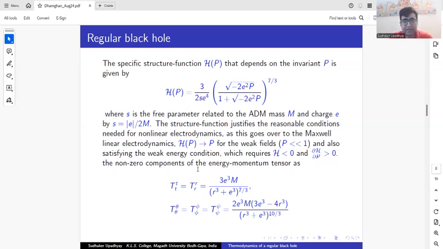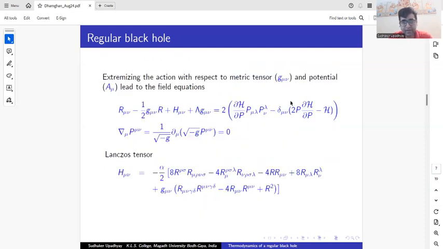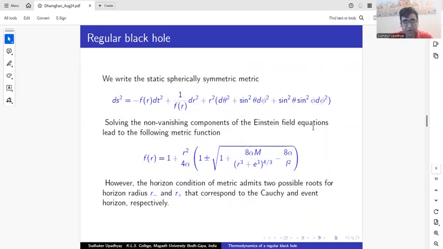With this energy momentum tensor, if you put it in the Einstein equation and solve, suppose you write the general metric for five-dimensional gravity like this. This is the spherically symmetric solution, where f(r) for our case is calculated by this.